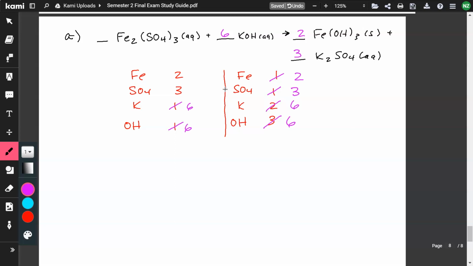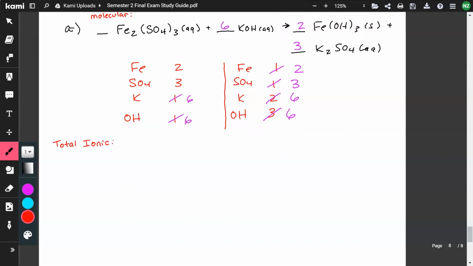The next thing that we're going to do is split every single aqueous compound into its ions. Okay, so this is the molecular. It's very important that it's balanced. And the total ionic is going to be everything that is aqueous split into its ions.